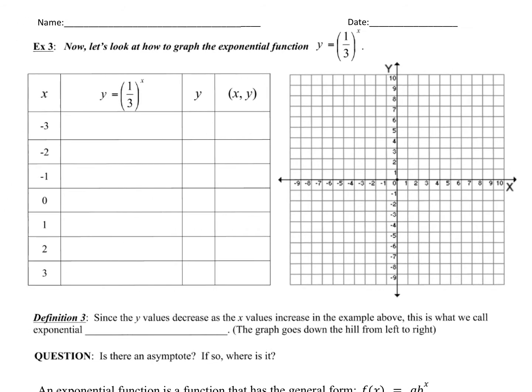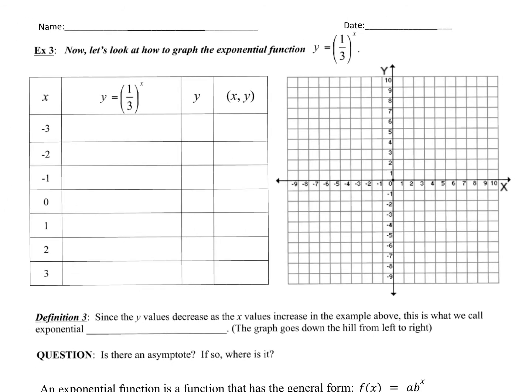So in this case, my original function is y equals 1/3 to the x. So every time we see an x, we're now just going to plug in our x values. So here I have y equals 1/3 to the -3, right? And this is going to become, so what I want you to do is just type in your calculator, okay?